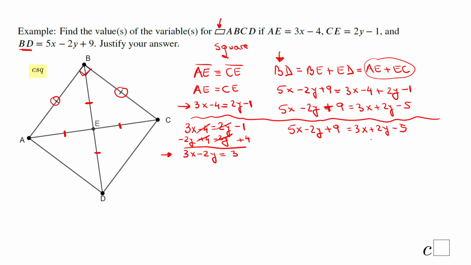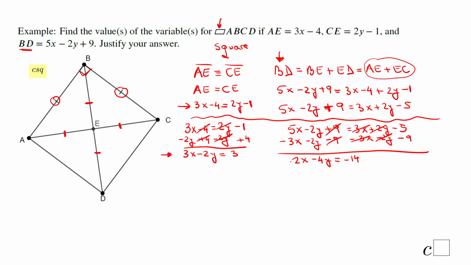So let's say we're gonna subtract 3x from here to move it here. Gonna subtract 2y from here to move it here, and then we're gonna subtract 9 and move it here. So we have here 5x minus 3x, that is 2x minus 4y equals negative 14.